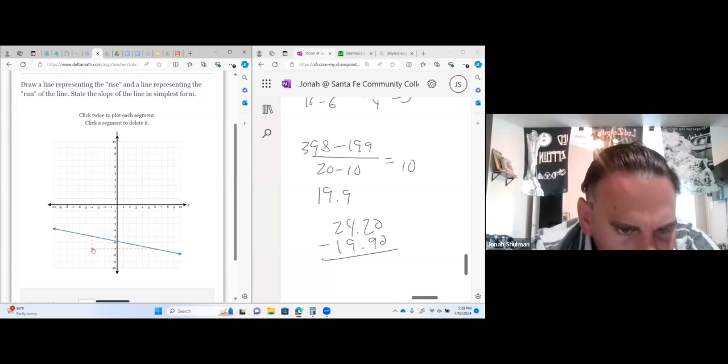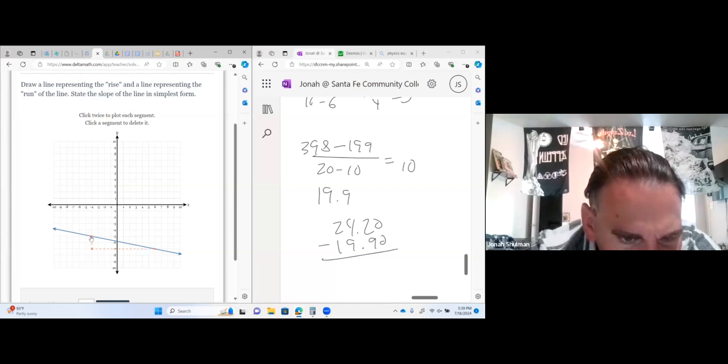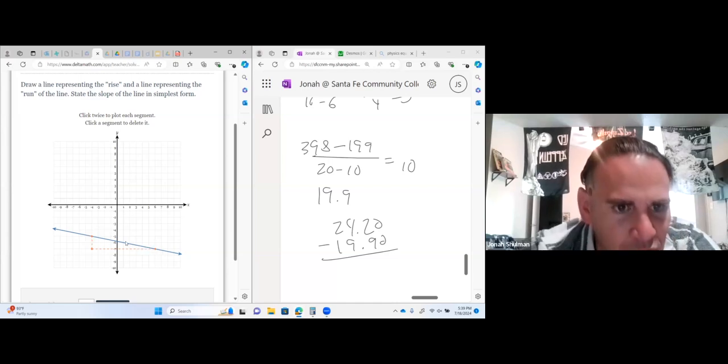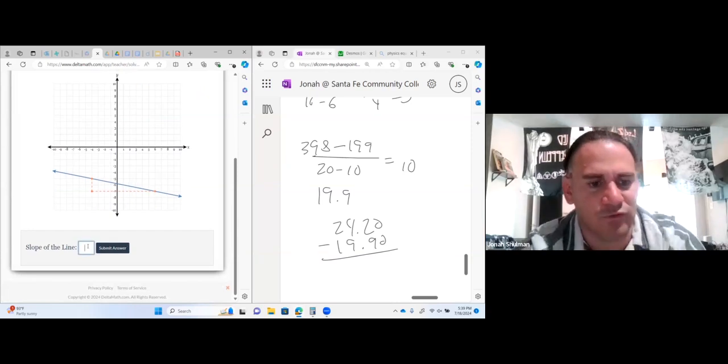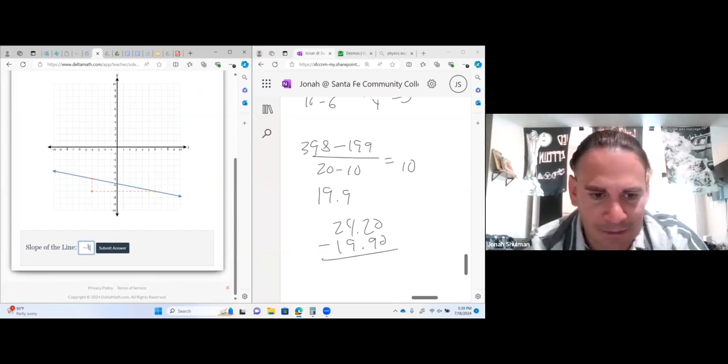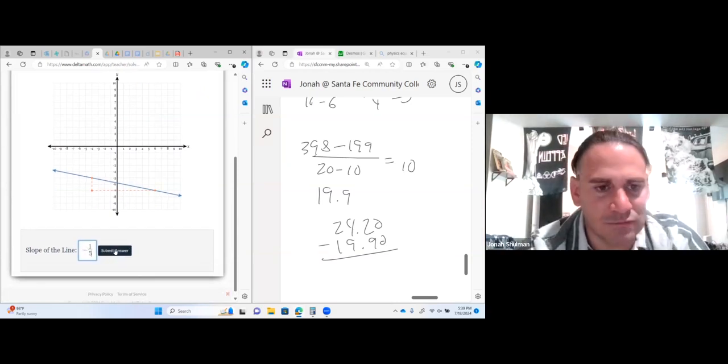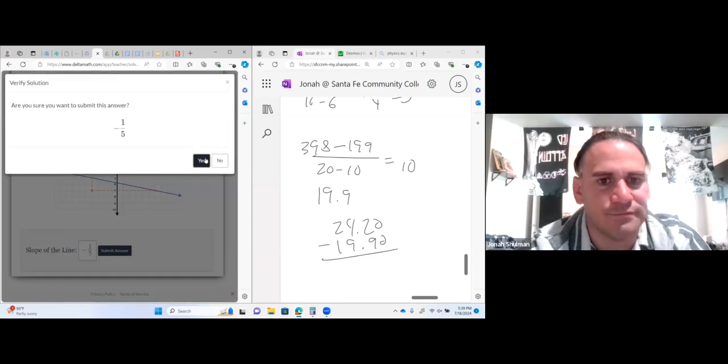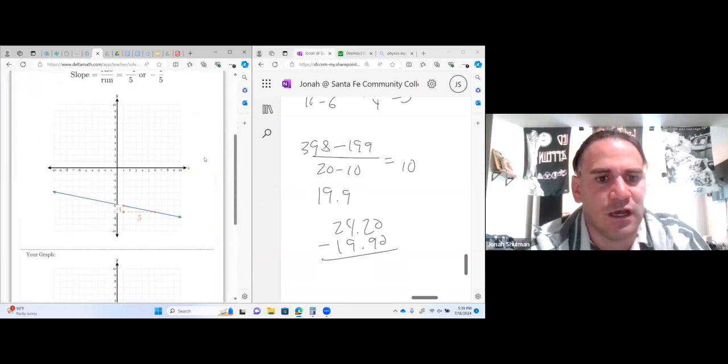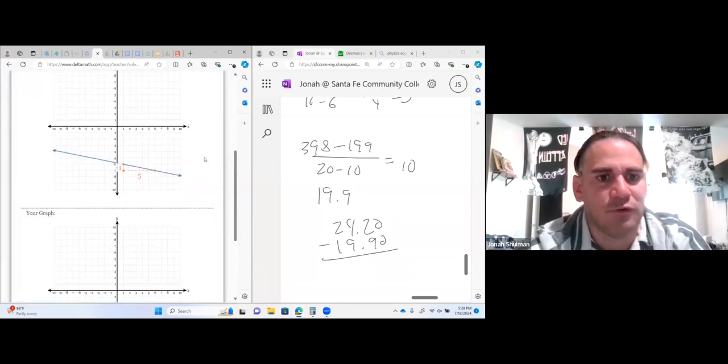So it's going to be 2 over 1, 2, 3, 4, 5, 6, 7, 8, 9, 10. Really? Is it just 1 over 5? It is 1 over 5. So it's negative 1/5. I did mine 2 over 10, but 2 over 10 is really 1 over 5. Ta-da! Perfect.